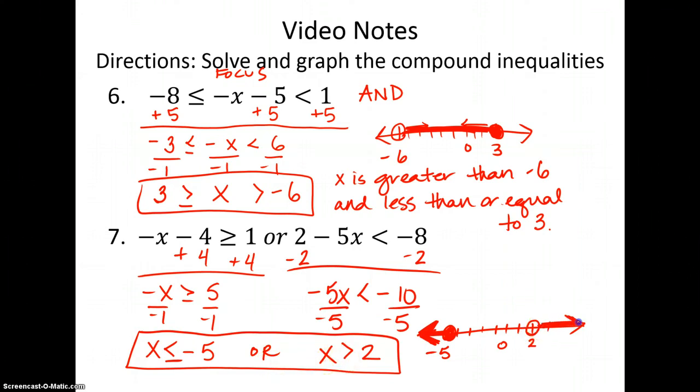So that's why this is an or problem. We have 2 different pieces. X could be over here, less than or equal to -5, or it could be over here to the right, greater than 2. Whereas on number 6, x had to be both things. It had to be both greater than -6 and less than -3. So number 6 is an and inequality, and number 7 is an or inequality.